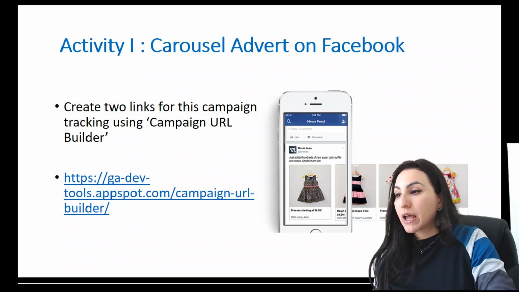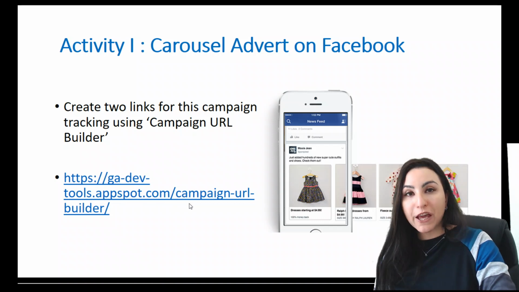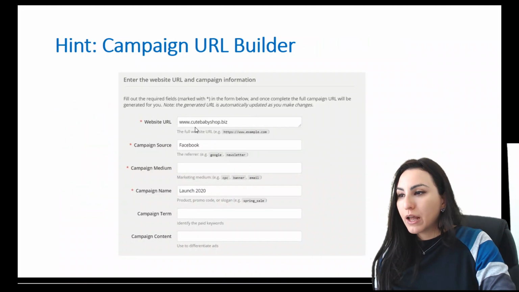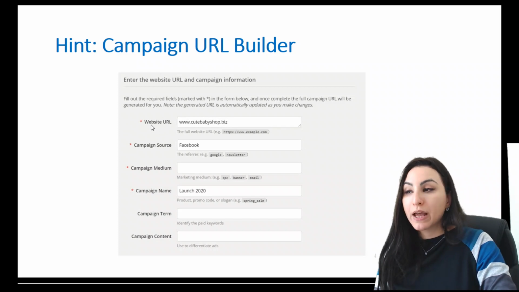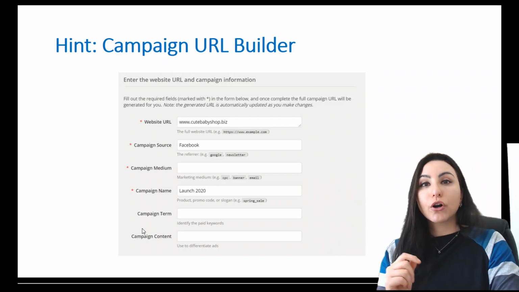So now I would like you to head to the campaign URL builder. It's a Google interface. On that interface, you need to complete the fields as you can see on the screen. The first field is your website URL.